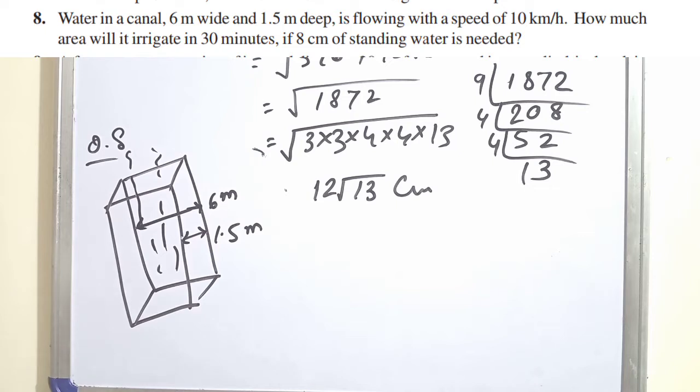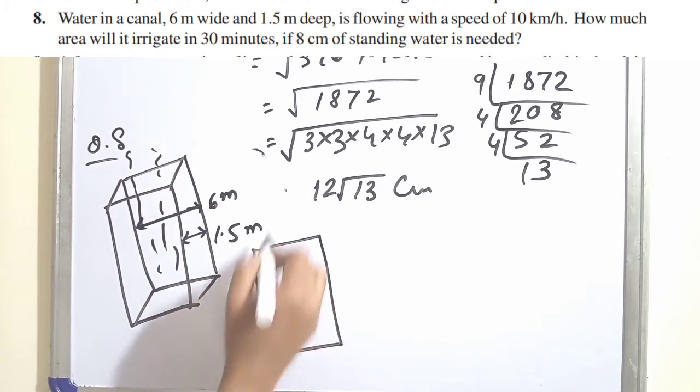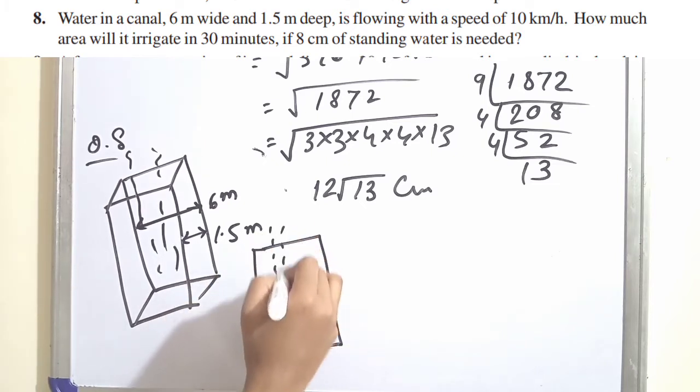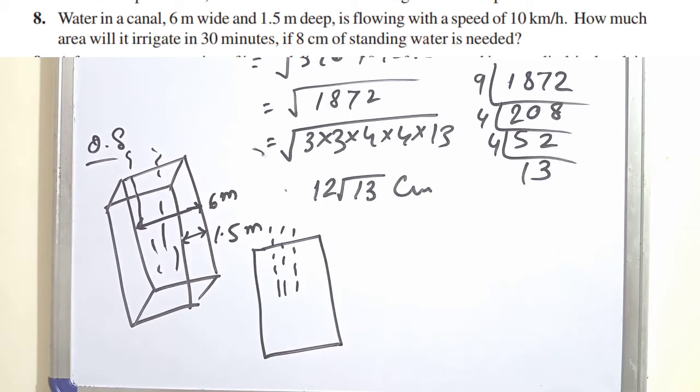How much area will it irrigate in 30 minutes? So they said that this flowing water, how much area will it cover in 30 minutes? Suppose this is a canal and water flows like that.